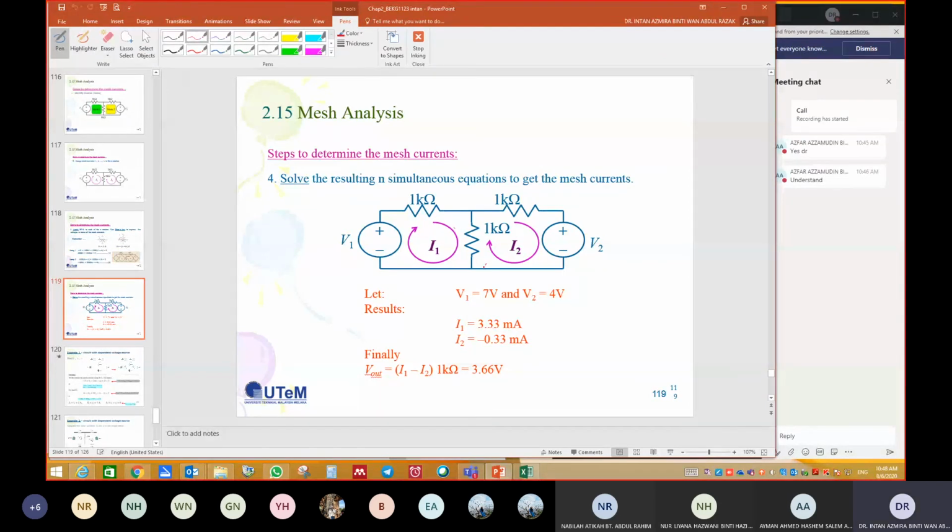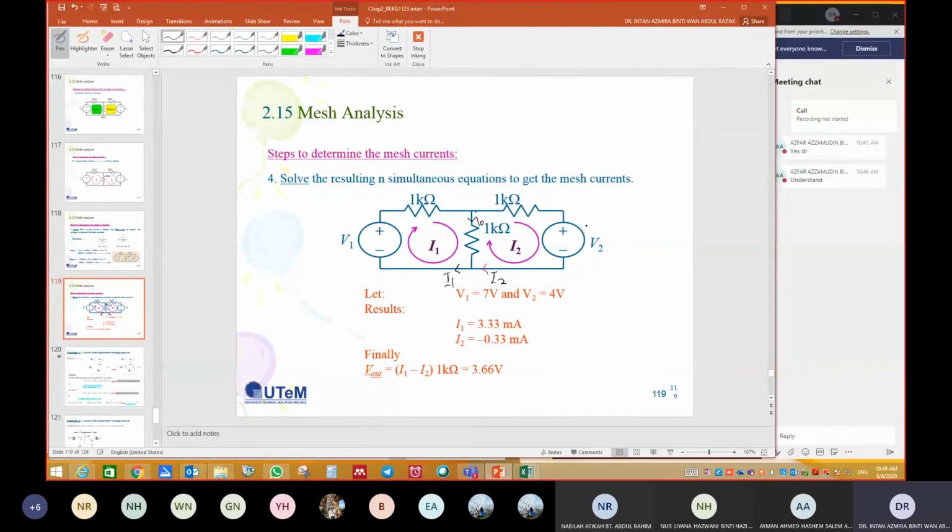Okay, so this is I2. This is I2. This is I1. This is I1. I1 is here. So this is, let's say, I naught.